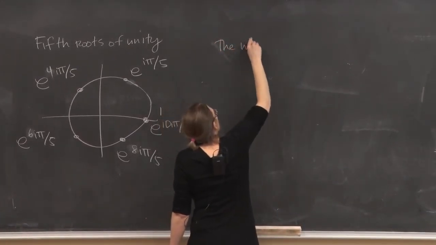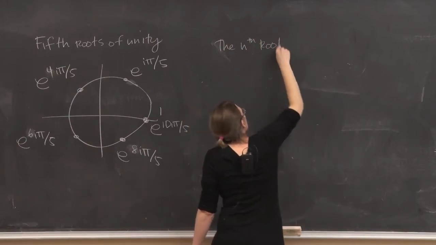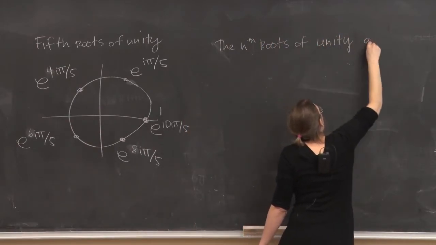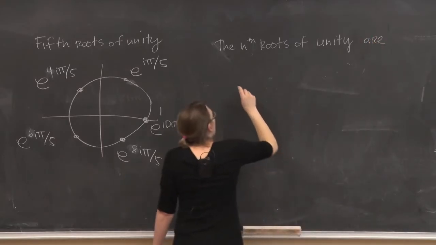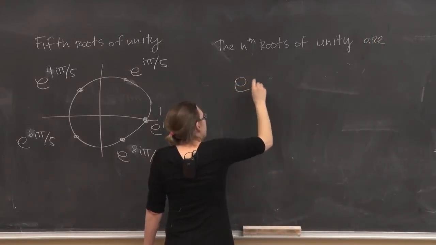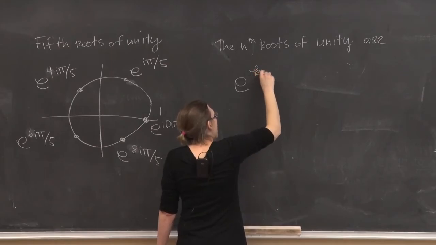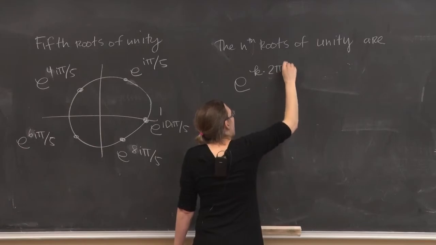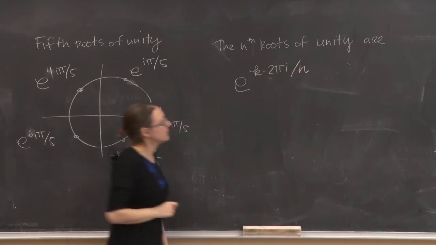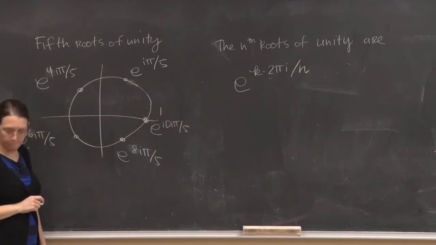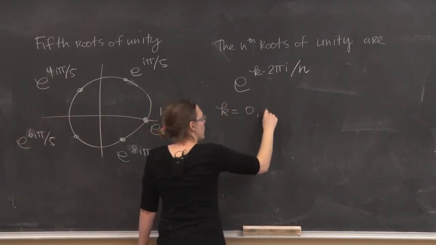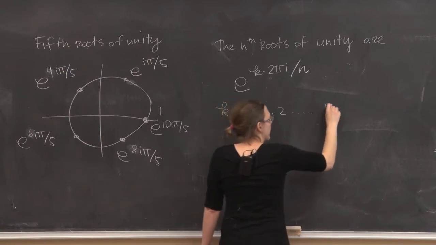Okay, so in general, the nth roots of unity are e to the k times 2 pi i over n, and k is 0, 1, 2, all the way to n minus 1.